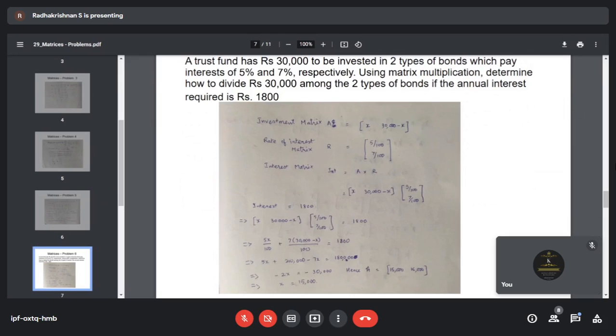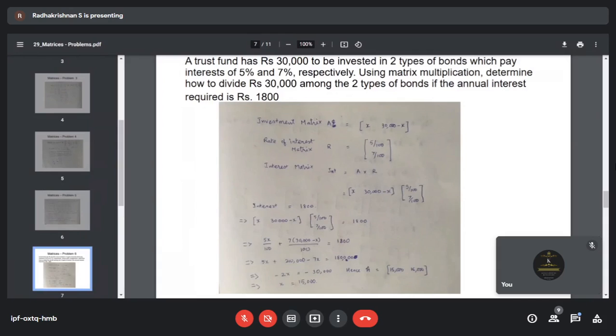So if you multiply, you are just going to get one term. That means x into 5 by 100 plus 30,000 minus x into 7 by 100. That is your single term that you will get as the product, right? So 5x by 100 plus 7 into 30,000 minus x by 100 is equal to 1800. That is your matrix equation.